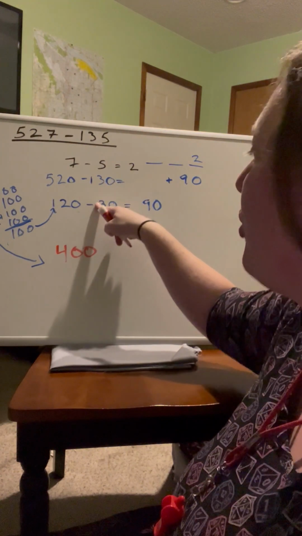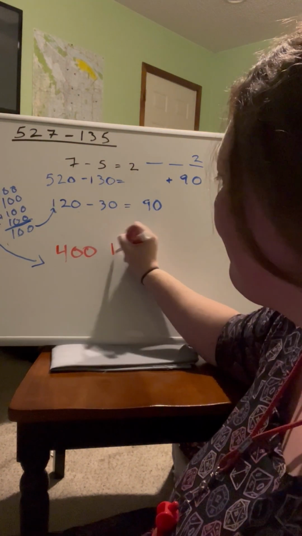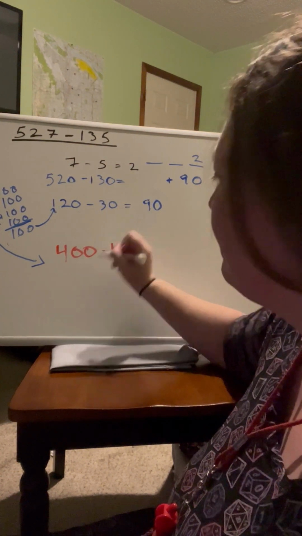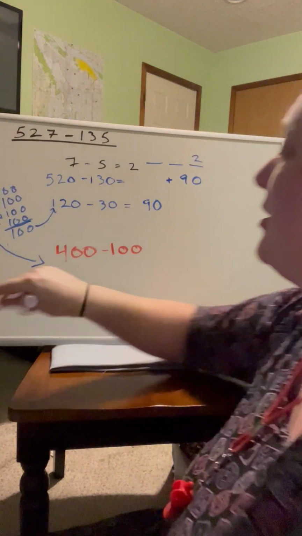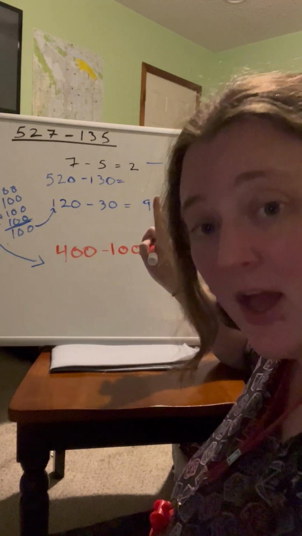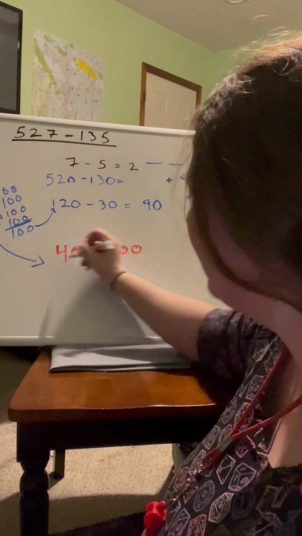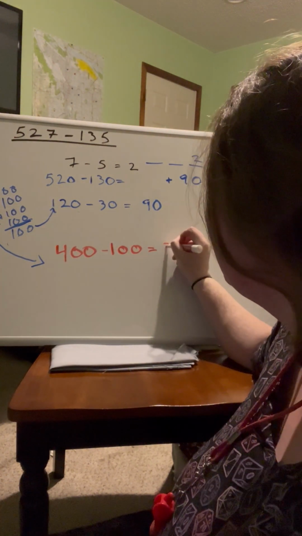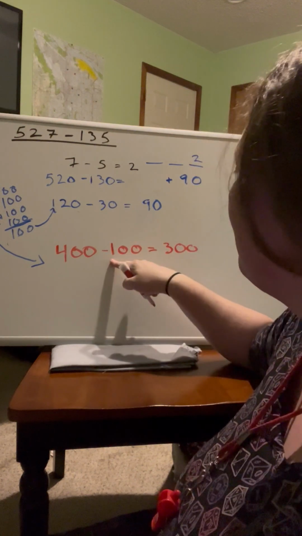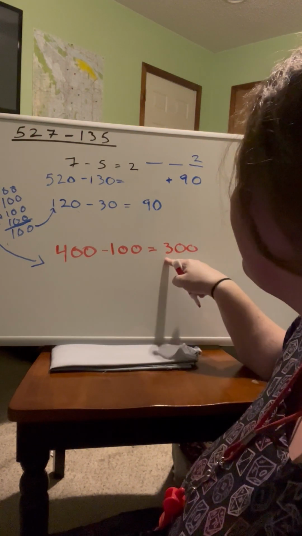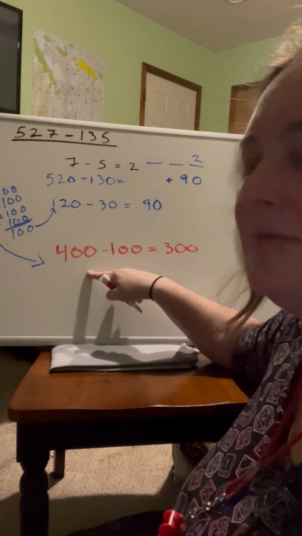And it's just going to go woo right down here. 100. So, 400 minus 100. Luckily, 100 is smaller than 400. So, equals 300. 100, 200, 300, 400.